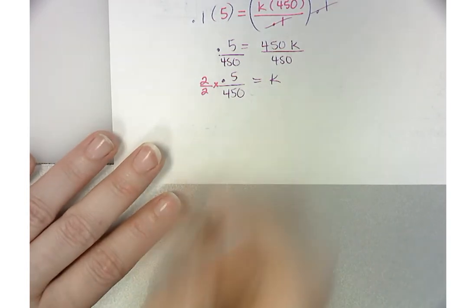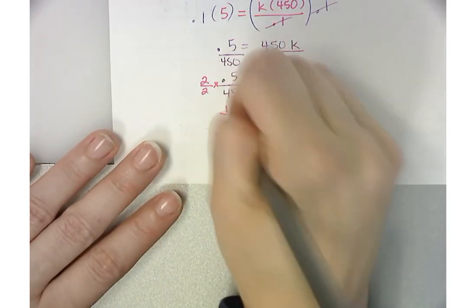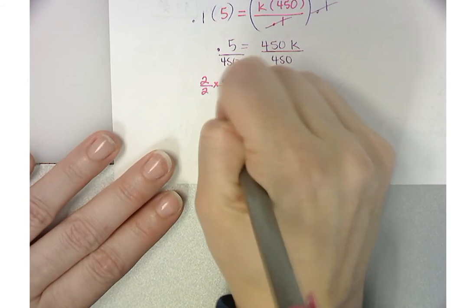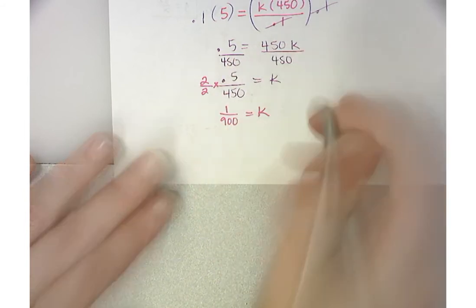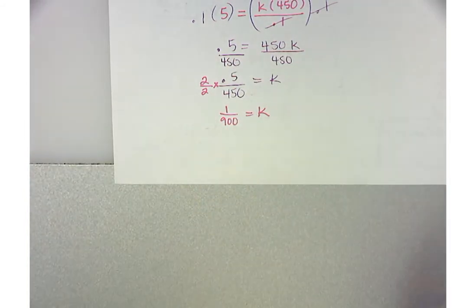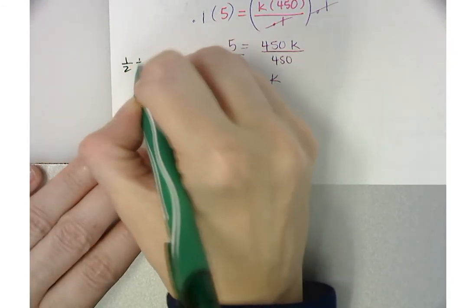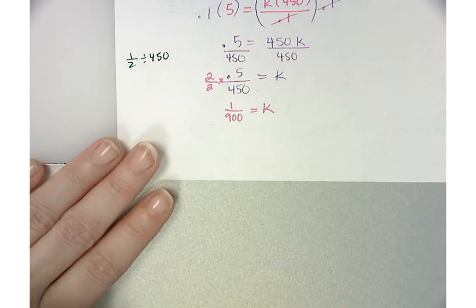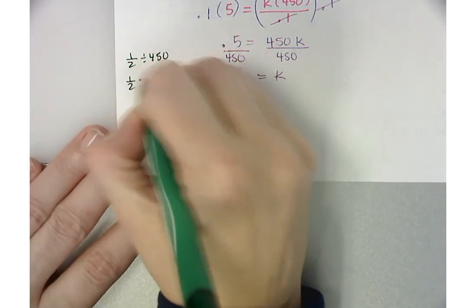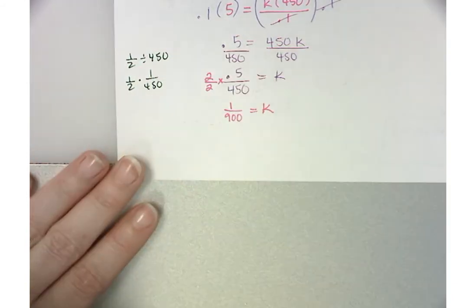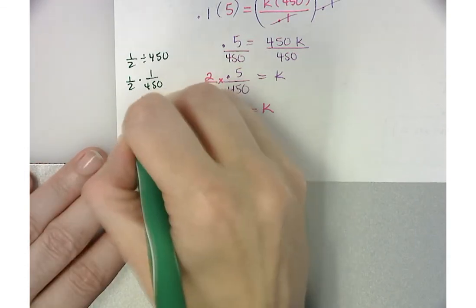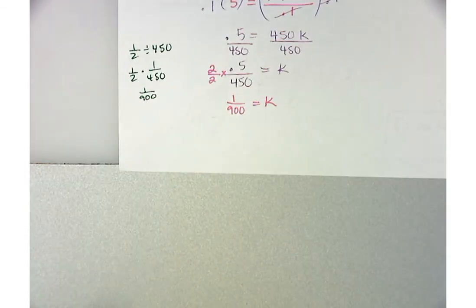The reason why I want to go over this is this is a skill that you'll need for your PSAT. They actually, a lot of times, will do alternate forms of equations, so I want you to know how to simplify this. Really, if you're multiplying something by a fraction, this gets multiplied by what part of the fraction? It's always multiplied by the numerator, whole number times the numerator.